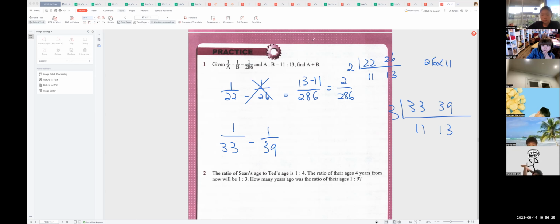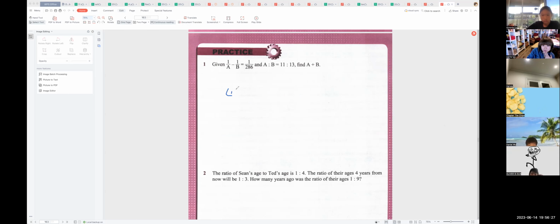好像也不对，对不对？So now let's try 44 and 52. I did 22 times 26, and then I got 572. 2 over 572, and then I just simplified. It's right? I was right?